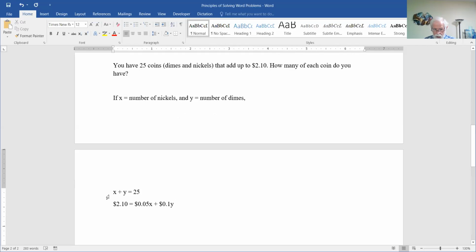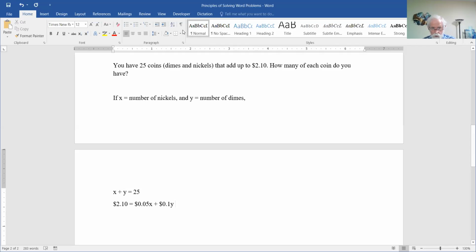Well, we have two facts. Fact number one, X plus Y equals 25. Fact number two is 5 cents times each nickel plus 10 cents times each dime add up to $2.10.